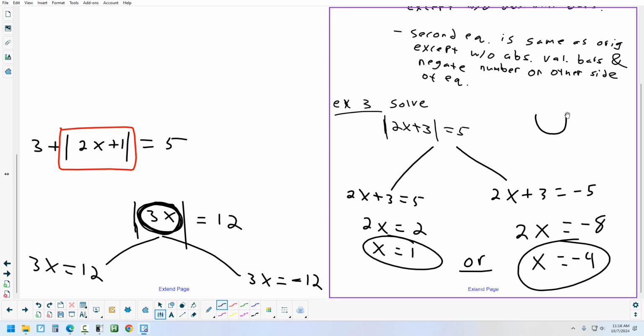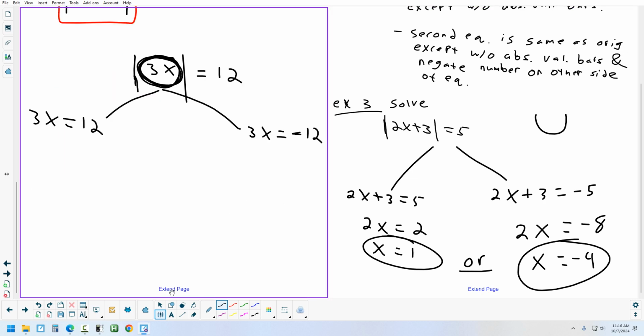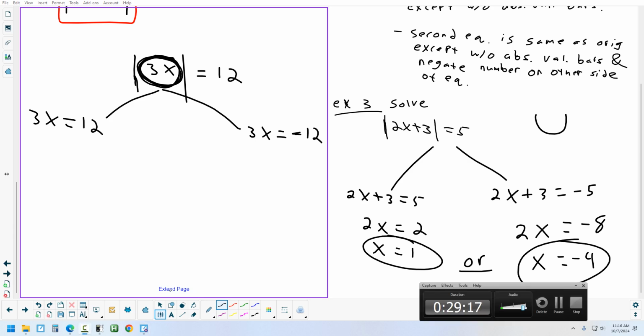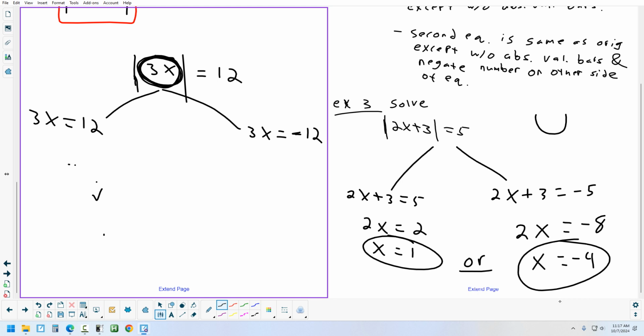Okay. Now, absolute value is always equal to what kind of number? It's always equal to a positive, yes. So we know absolute value is always equal to a positive. So what if I wrote this?